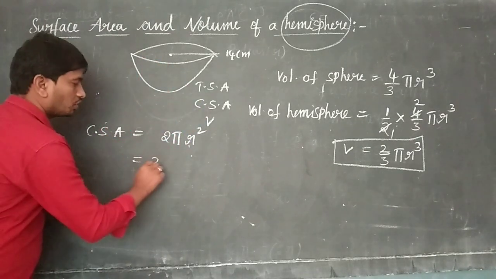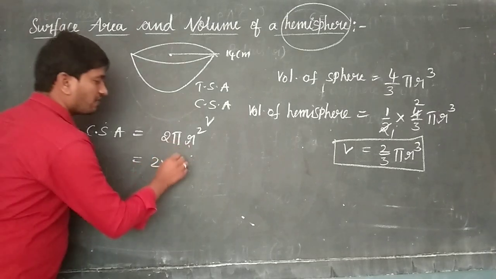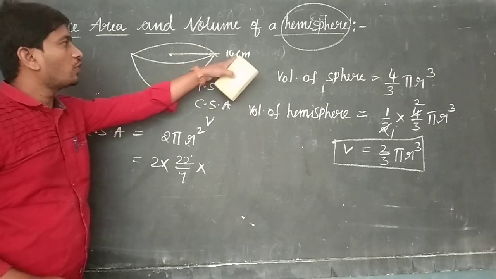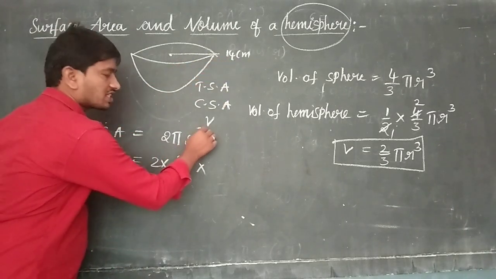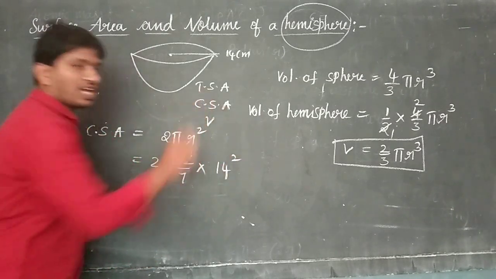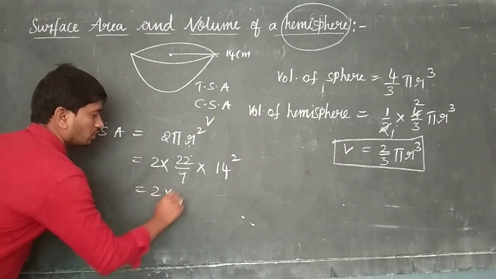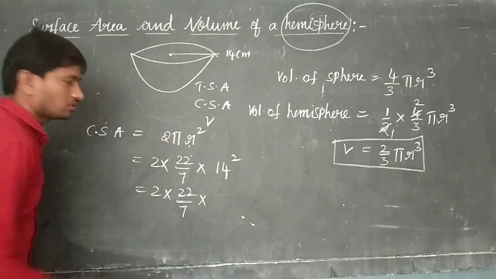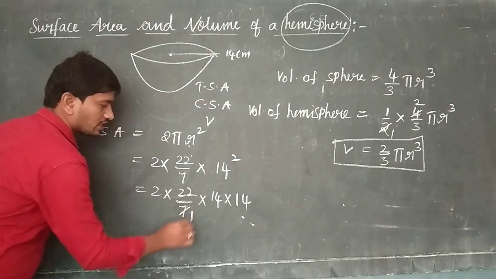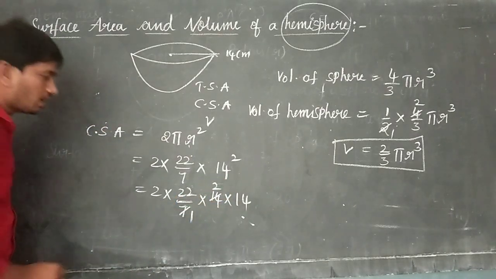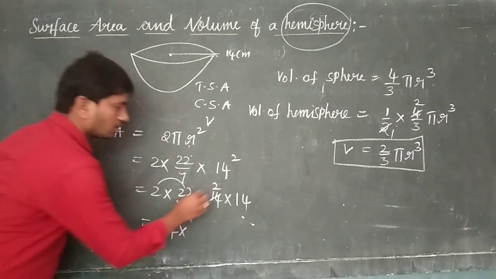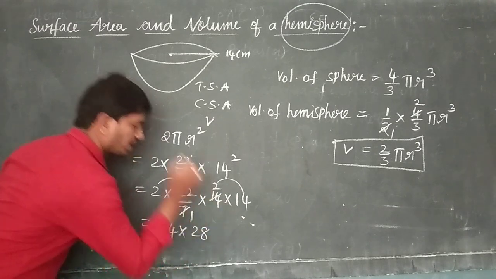So that is 2 into pi value, 22 by 7, into r square, which is r into r, that is 14 square. So 2 into 22 by 7 into 14 into 14. 7 ones are 7, 7 twos are 14, 2 into 22 is 44, 2 into 14 is 28.